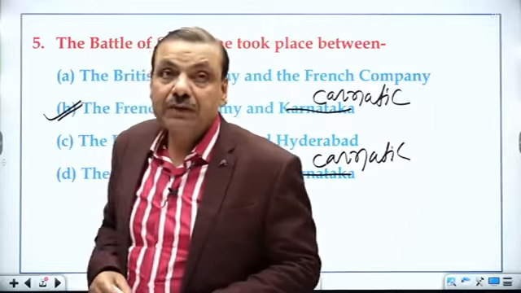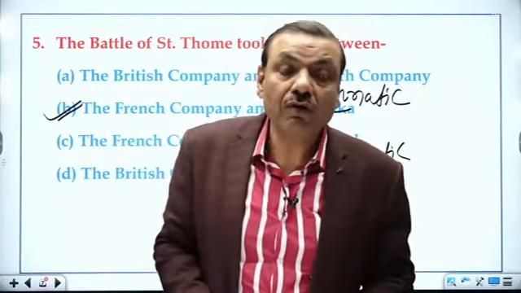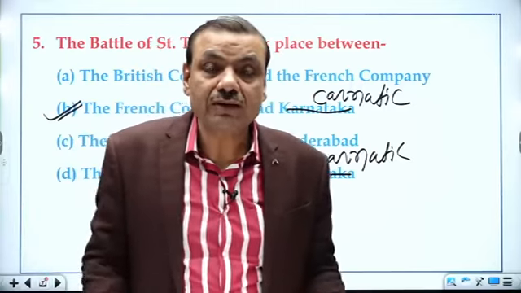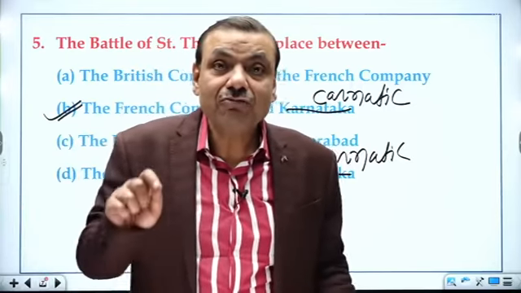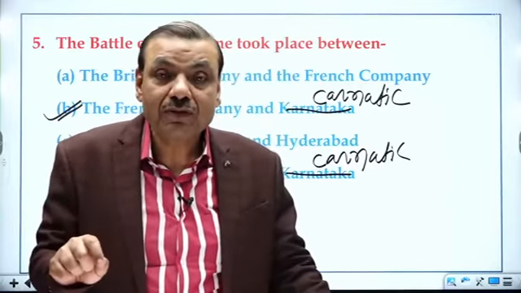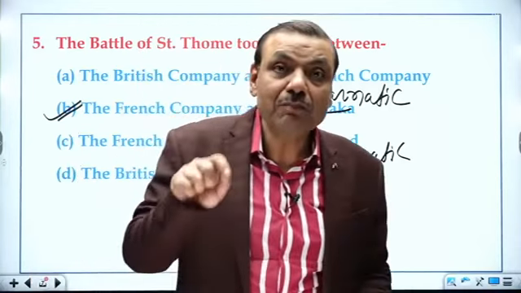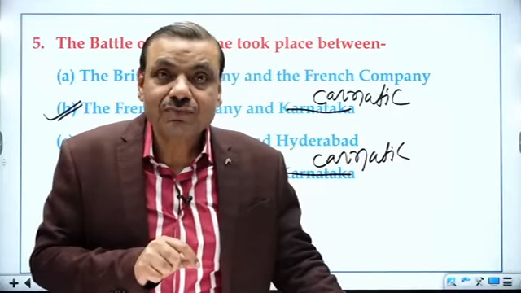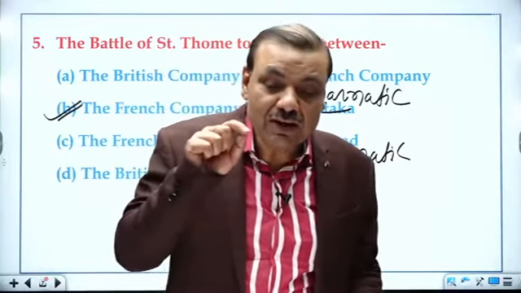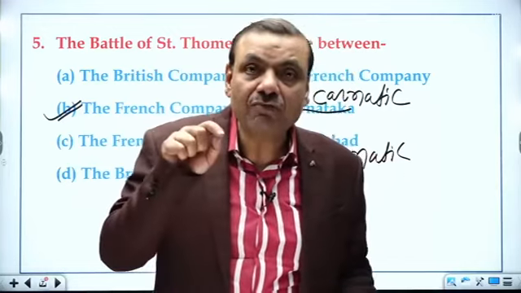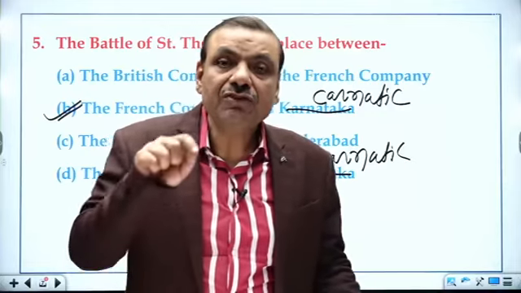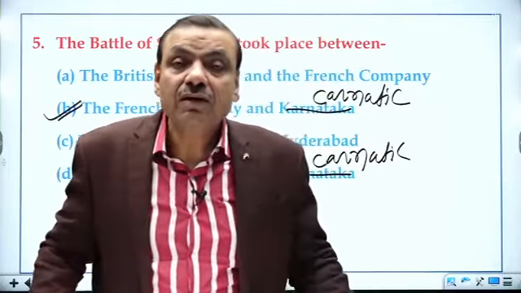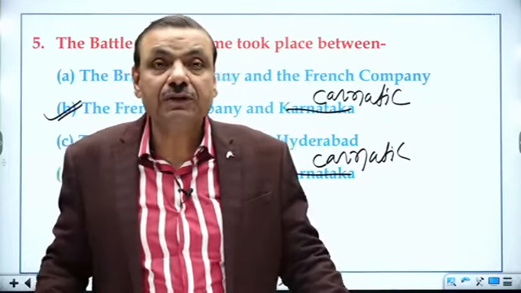The French company, actually I have briefed you the story. You may recall, this was the time Anwaruddin was the Nawab of Carnatic and Dupleix was the French governor. When he captured Madras in the First Carnatic War, the government of Carnatic under Anwaruddin issued an ordinance to vacate Madras by the French company.